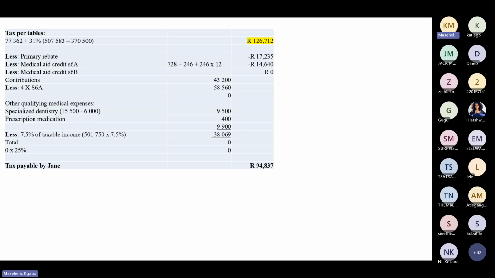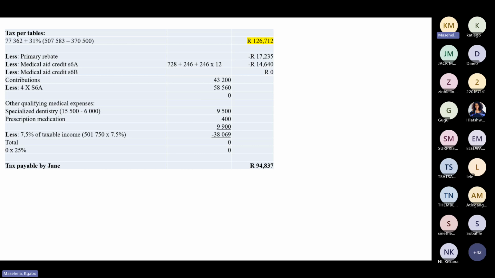Jane's contribution is 3,600, which is 3,600 multiplied by 12, because it is for a full year. Therefore, it's 43,200. I can even type it in the chat box. Contribution by Jane is 3,600.